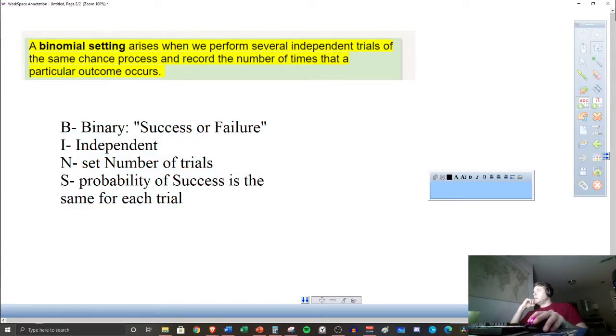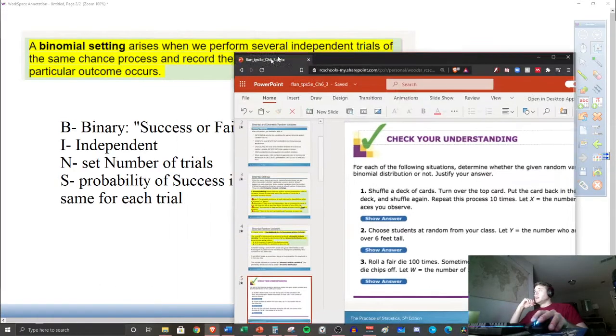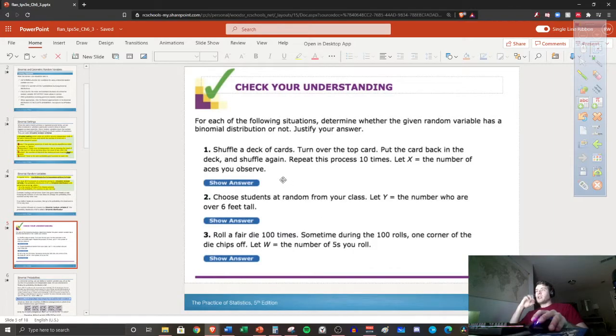So, let's go ahead and we're going to practice. This is what we're going to do. We're going to have some practice problems that we're going to be working on. So let's look at these questions here. On this one, it says you're going to shuffle a deck of cards, turn over the top card, and put the card back in the deck and shuffle again.